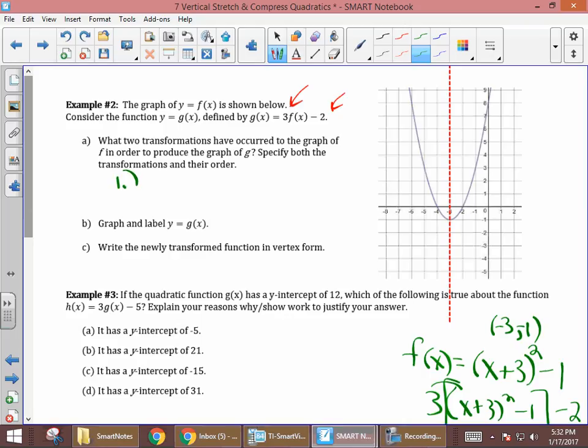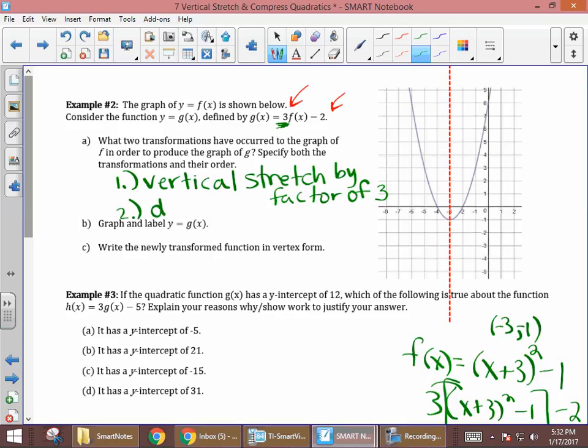There's 2 things. One, we have a vertical stretch, and it is a stretch because this number is greater than 1. So a vertical stretch by factor of 3. And then, secondly, it will go down 2. All right. So this point here, the x value is going to stay the same.